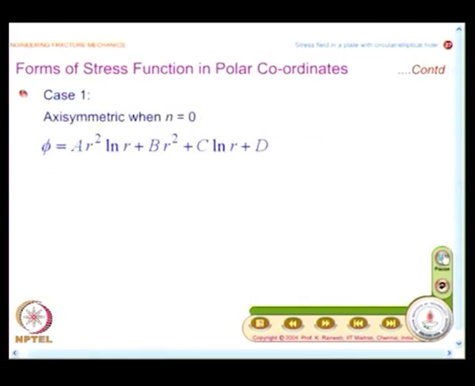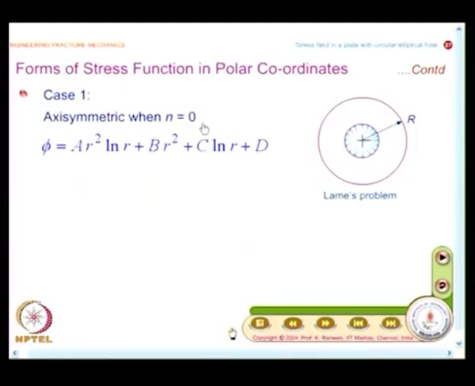Now, you have case 1, where you are talking about the axisymmetric problem, and here n equal to 0. One of the very famous problems in this category is the problem of a thick cylinder.